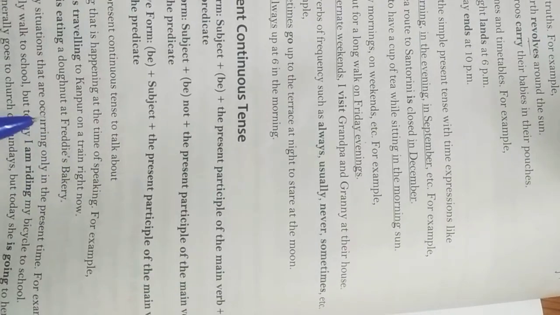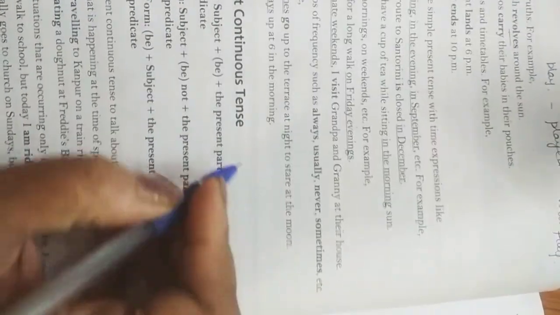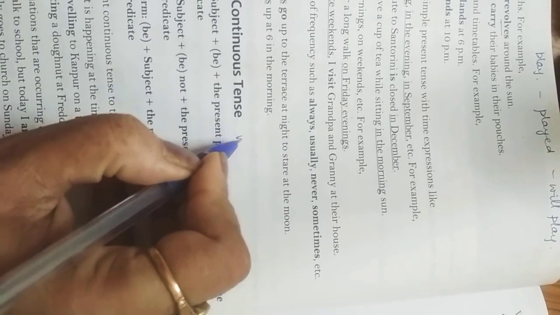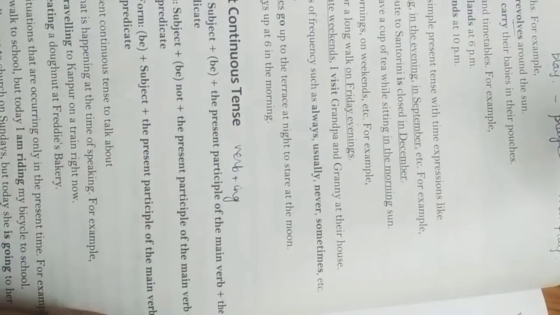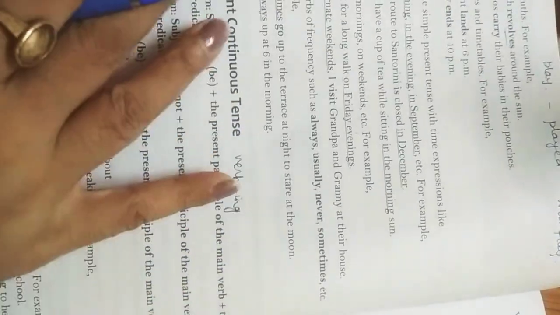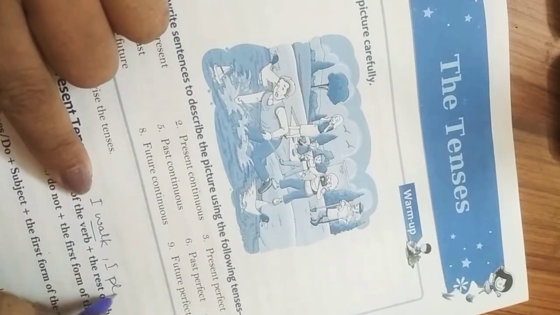So the basic way of forming the present continuous is that you have a verb which has ing attached to it. Supposing in the simple present we have taken these two sentences, I walk, I play.